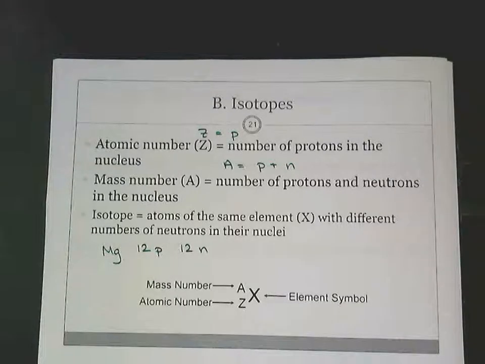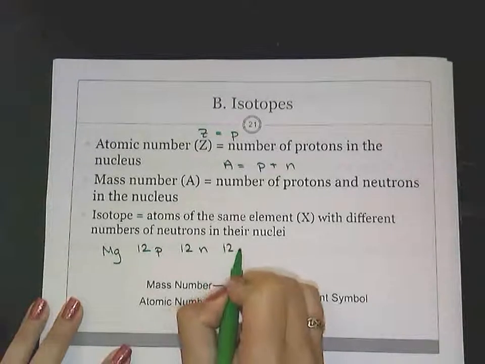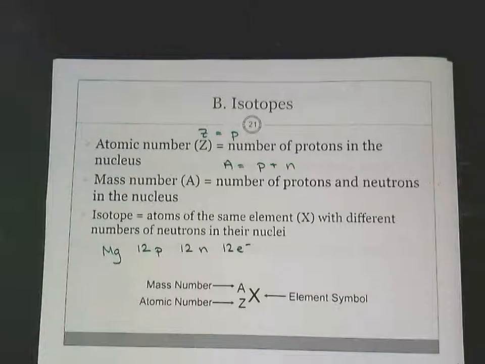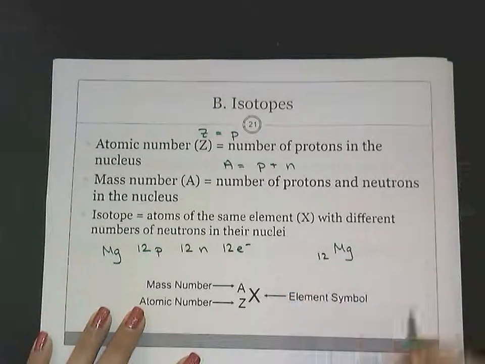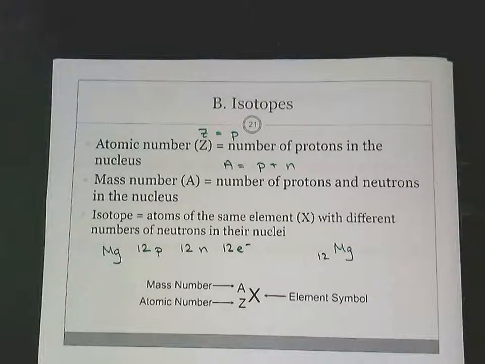How many electrons should it have? 12 also. And because I'm lazy, that's how I write electron: e minus. All right, so then let's figure out what is magnesium's atomic number. 12, good. So I'd say 12 Mg. What is magnesium, in this case, mass number? 24.